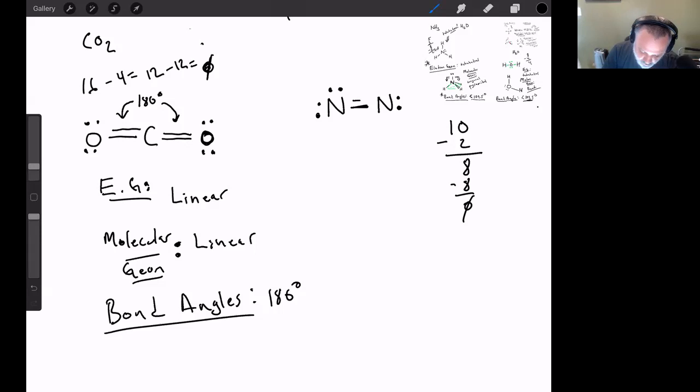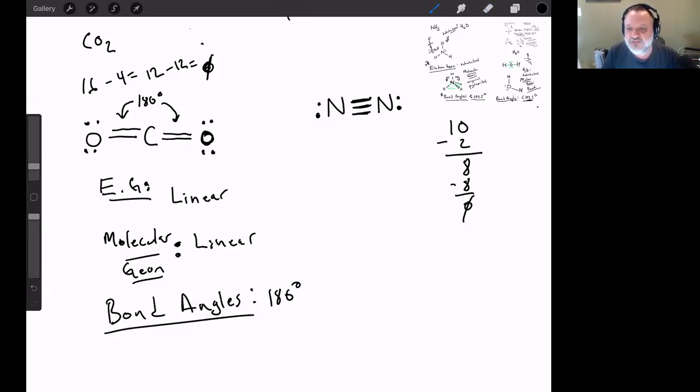So I'm going to use one of those lone pairs to try a double bond to see if that works. Well, the nitrogen on the left still has an octet, but the nitrogen on the right is still missing a pair. It's only got 6. So I'm going to keep going, right? Because I can make double bonds and I can make triple bonds. So I'm going to erase yet another lone pair and use it to make a triple bond.